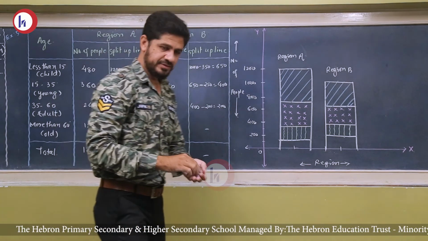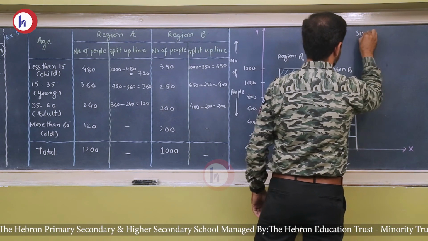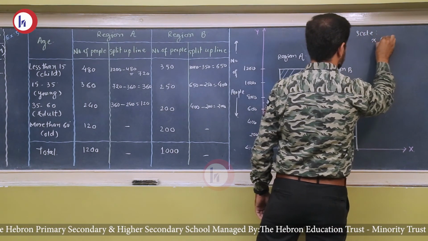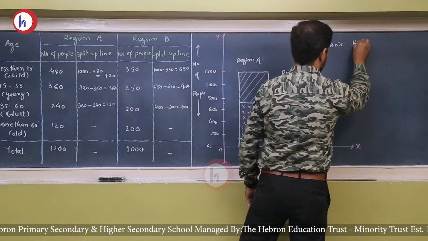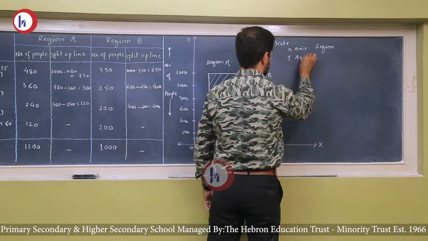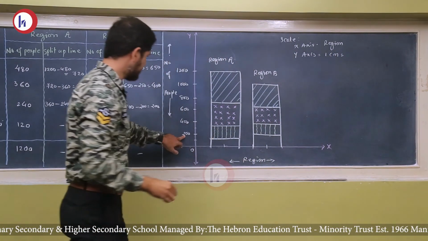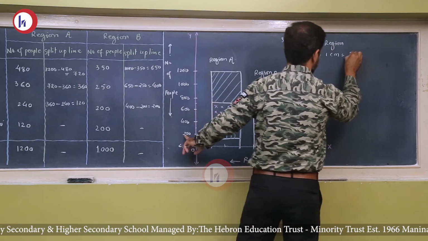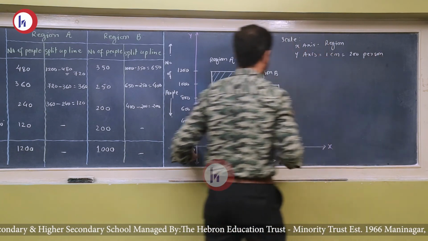Now friends, it is time to take the scale. On the x-axis there are the regions, on the y-axis 1 centimeter is equal to 200 people.